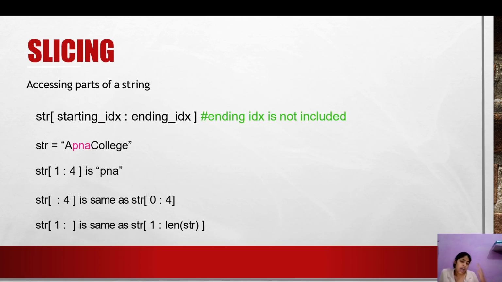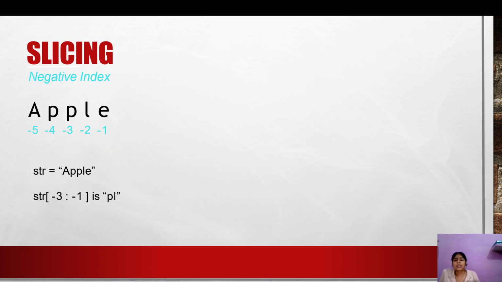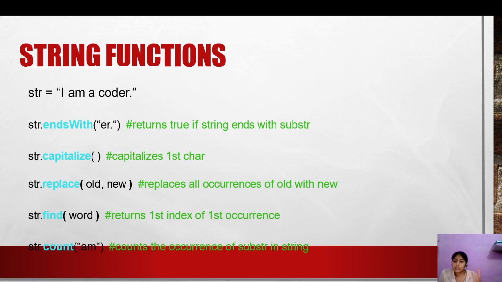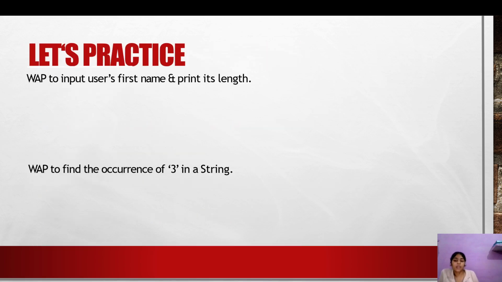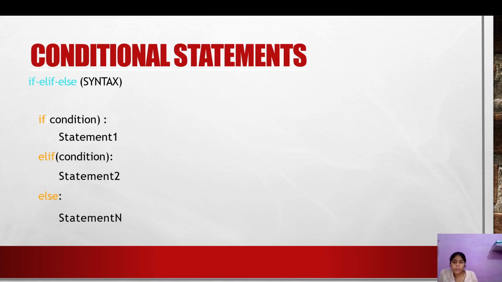The slicing part, how you can cut the string, and the string functions like capitalize, replace and others, and negative indexing, how you can do slicing by using the negative index, how you can print the name and length of the string, and how you can find a word in the string.